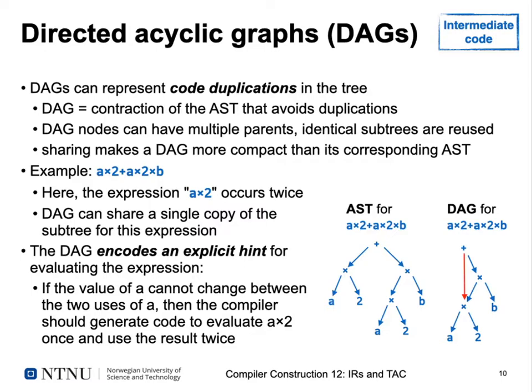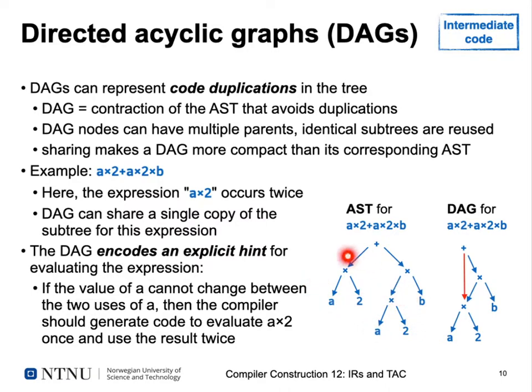So code duplication is something that we see here. So we evaluate the expression a times 2 twice. Well, if we save the intermediate result of our first calculation a times 2, of course we don't need to calculate the same result again immediately afterwards, but we could reuse this. So a DAG is a contraction of the AST that actually avoids duplications of partial subtrees here.